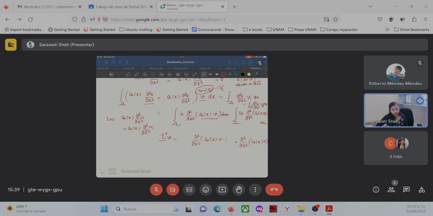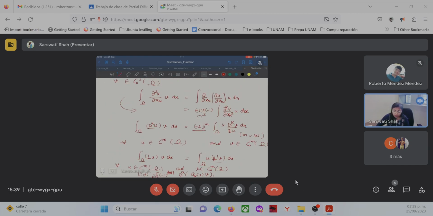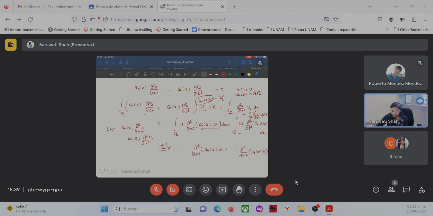Or shall I explain it again? Yes, so this L dash operator is now defined. Since this was a second order derivative, minus 1 to the power 2 will be plus 1, so I am not writing it.